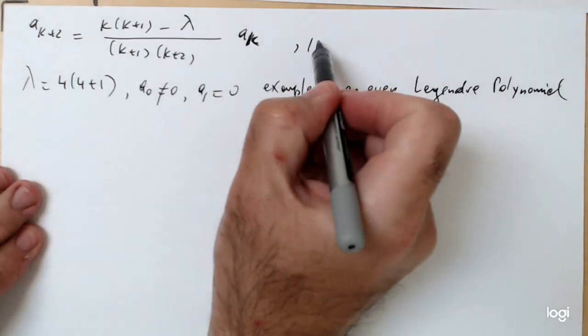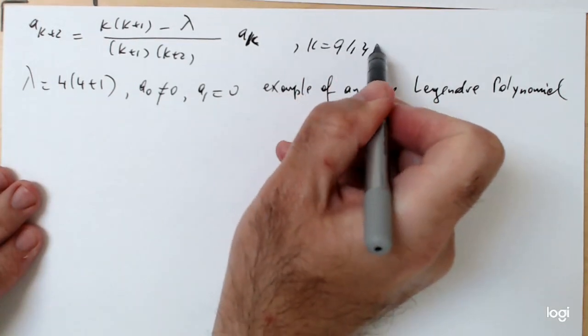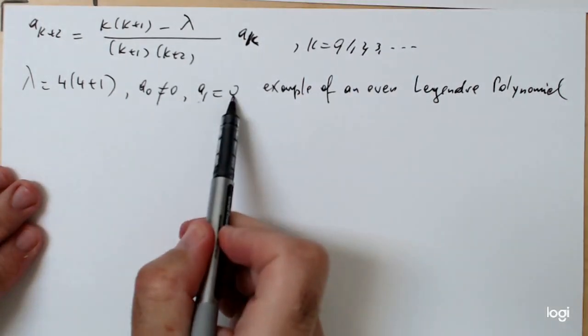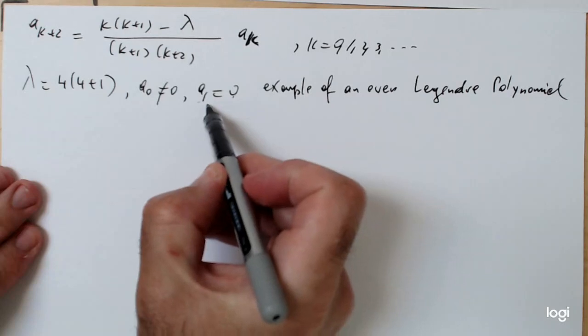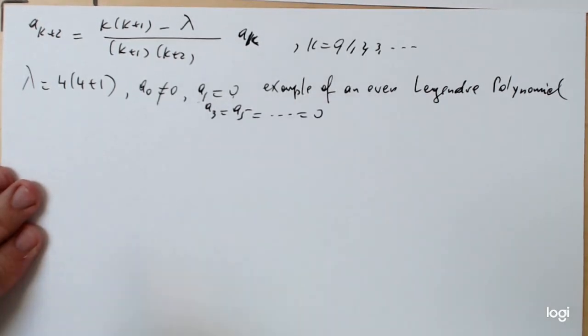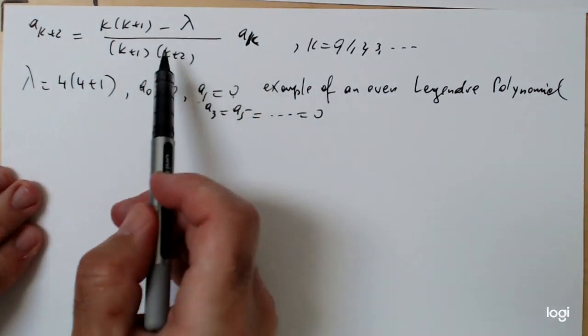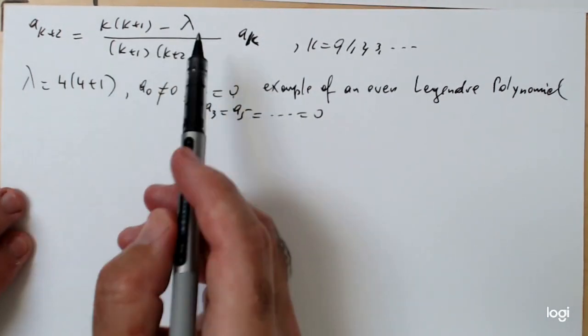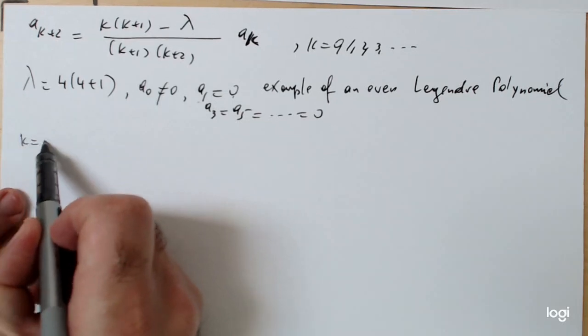So remember, k starts from 0, 1, 2, and so on. Now, of course, because a1 is 0, that means automatically all the odd coefficients will be 0. And then we just basically compute now the even coefficients. So first one, k is equal to 0.